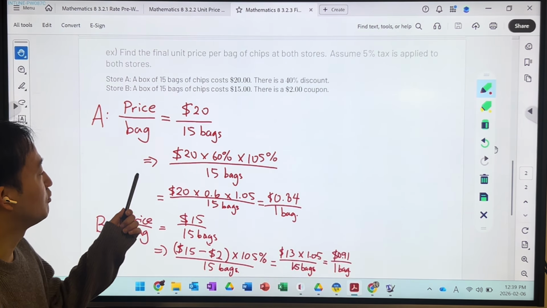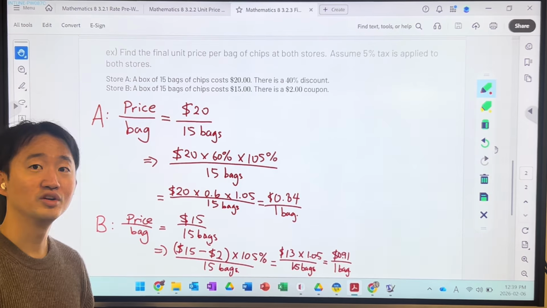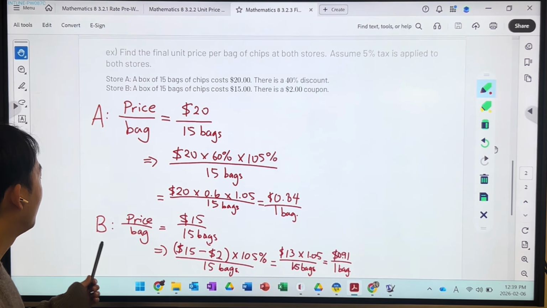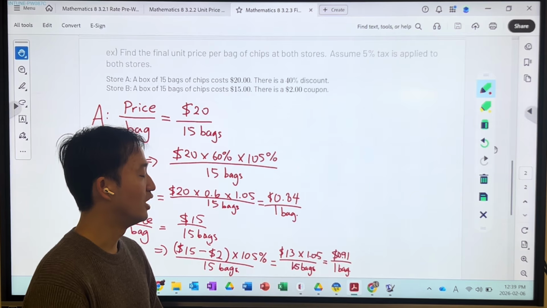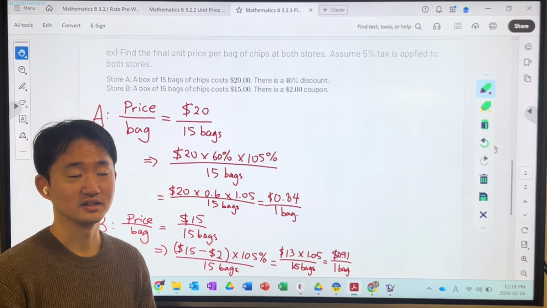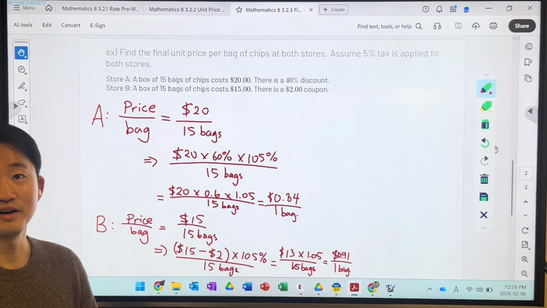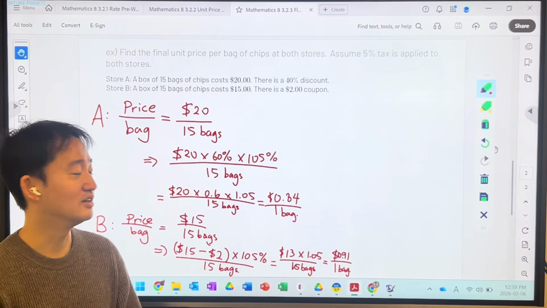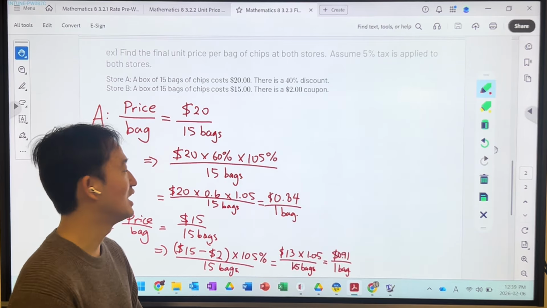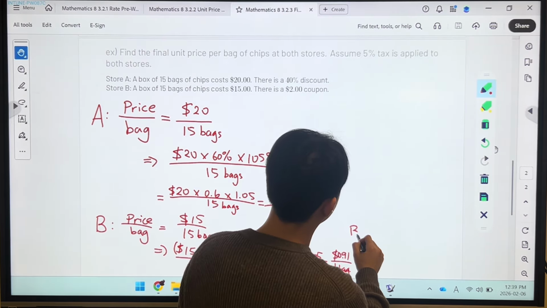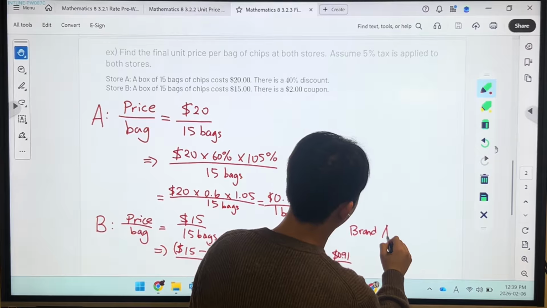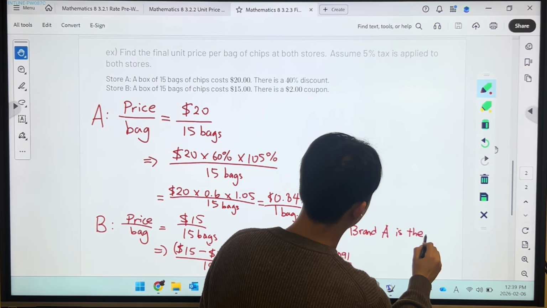So we realize that brand A has the final unit price of 84 cents per bag, and brand B has a final unit price of 91 cents per bag, which tells me that our final Best Buy is brand A. Brand A is the Best Buy.